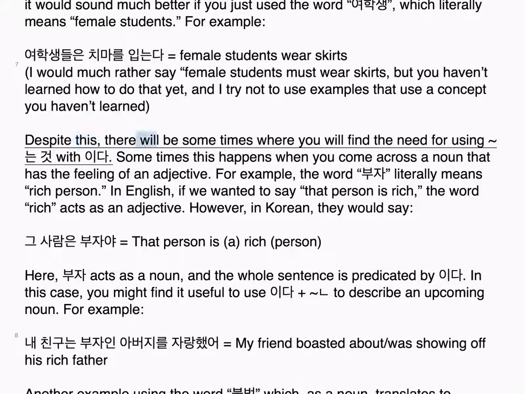Despite this, there will be some times where you will find the need for using 는 것 with 이다. Sometimes this happens when you come across a noun that has the feeling of an adjective. For example, the word 부자 literally means rich person. In English, if we wanted to say that person is rich, the word rich acts as an adjective.